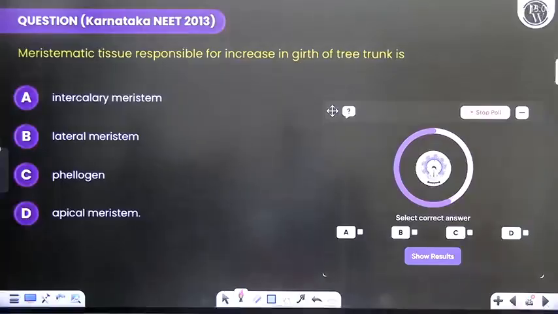Meristematic tissue responsible for increase of girth in tree trunk.